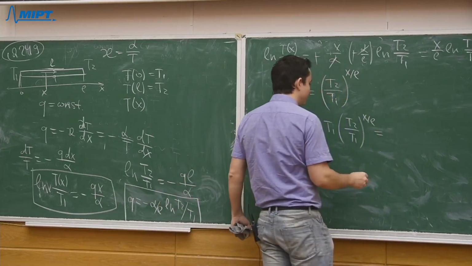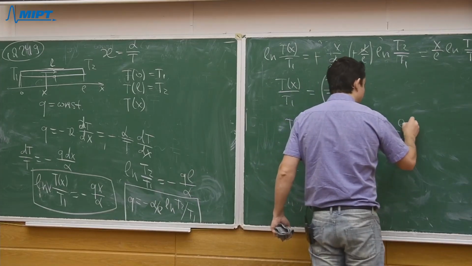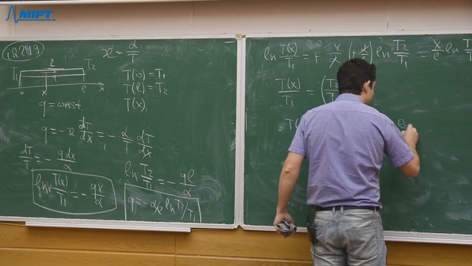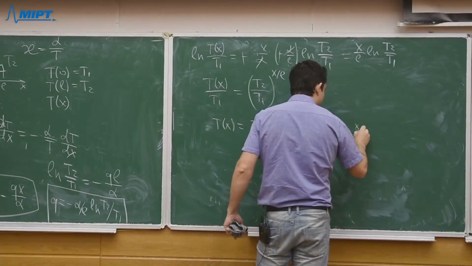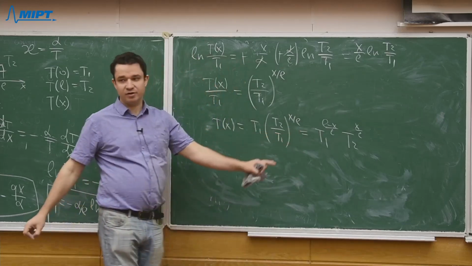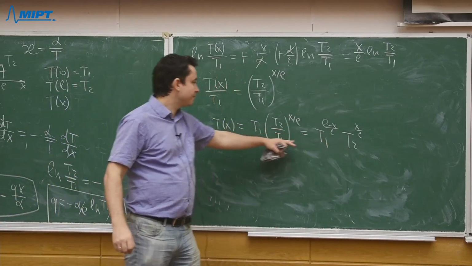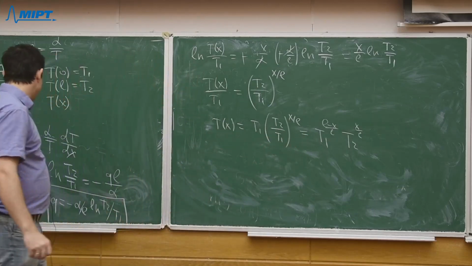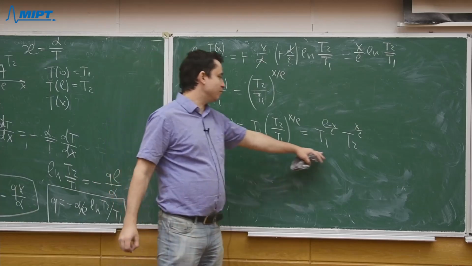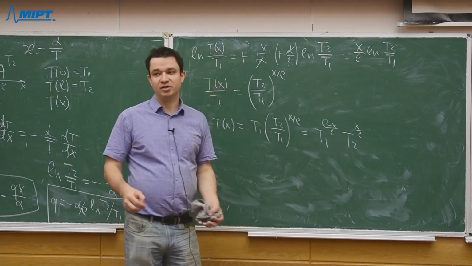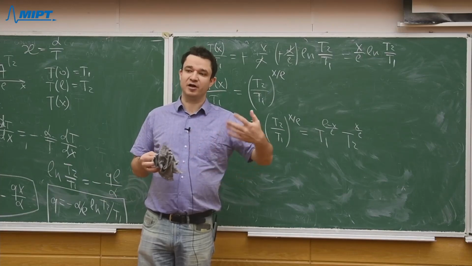So finally I get that this is T1 to the power L minus x over L multiplied by T2 to the power x over L. If you look at this, well, that's the distribution of temperature in which the temperature is changing by the same factor over the same distance.